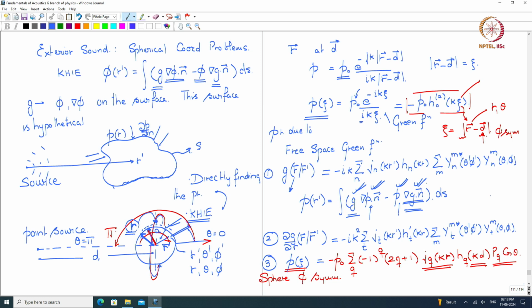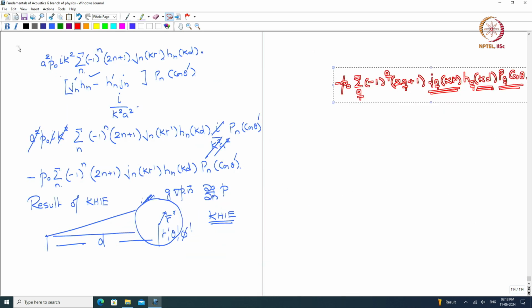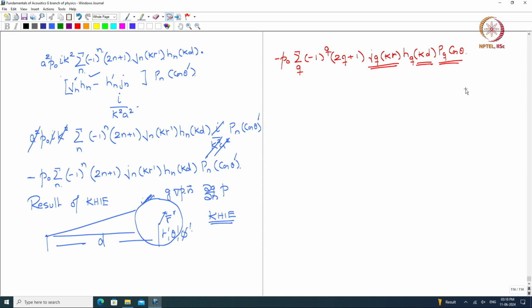We started off with this expansion for the pressure, at a certain radius, at a certain theta, due to a source d from the center.